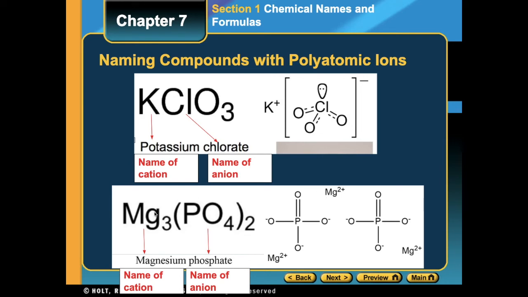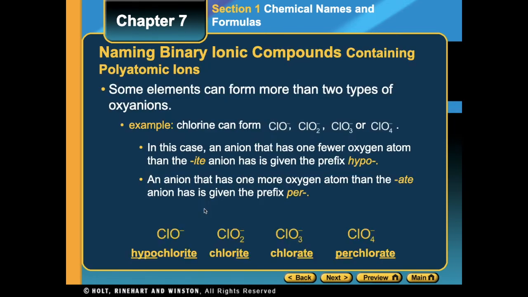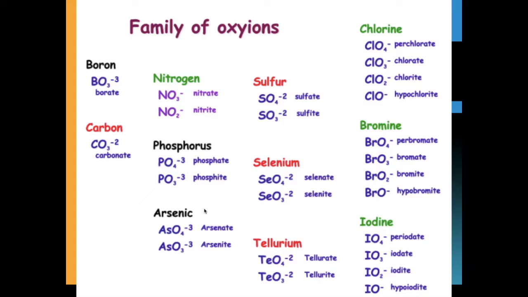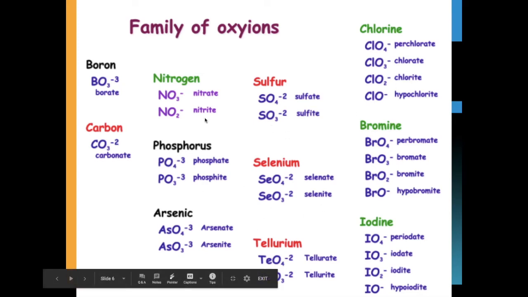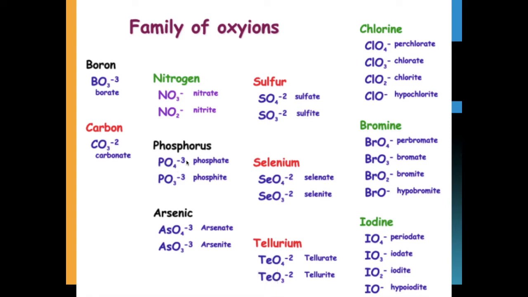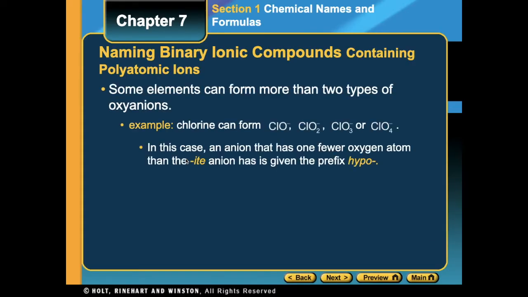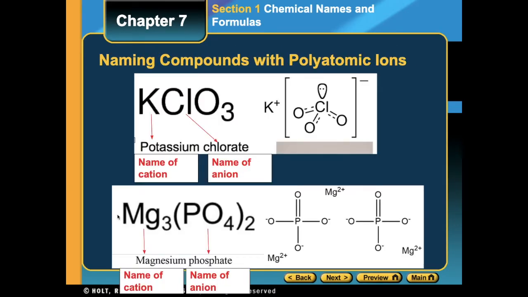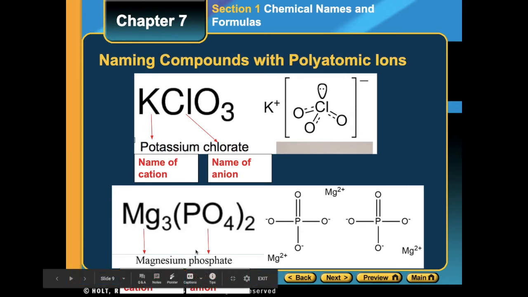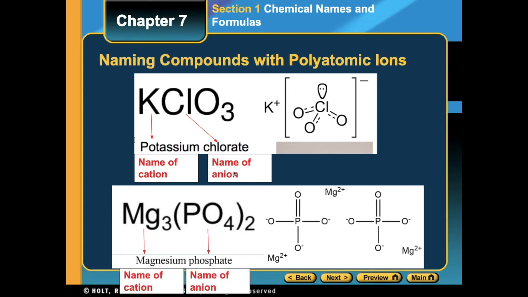We have magnesium and phosphate, okay? Remember, phosphate is over here. Phosphate, PO4 minus 3, okay? So now we're going to go back here. So we have magnesium and phosphate. We always give the name of the cation first and then the name of the anion. And the name of the anion is not going to be phosphide.